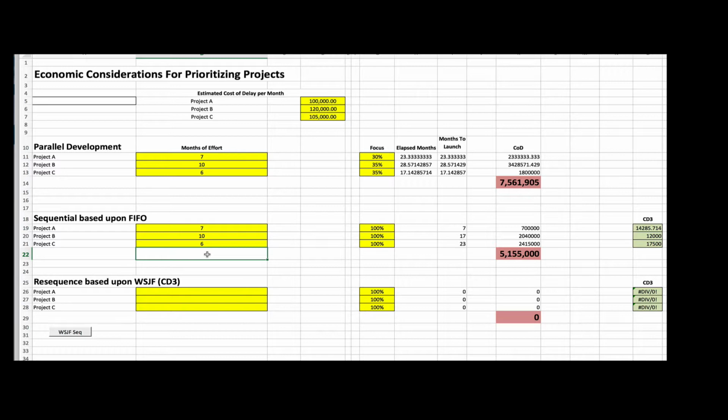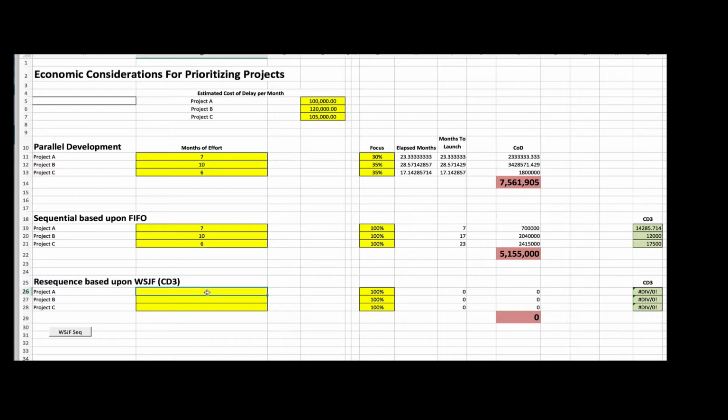There's really very little reason to split our efforts among multiple projects and thereby recognize the value much later in the future, rather than bringing the efforts forward, completing those projects, recognizing the value, moving on to the next project, and recognizing the value from that. And as we can see, this is a significant sum of money.